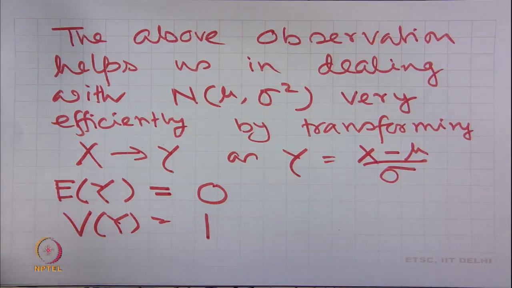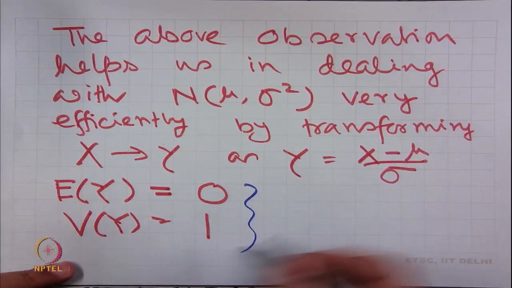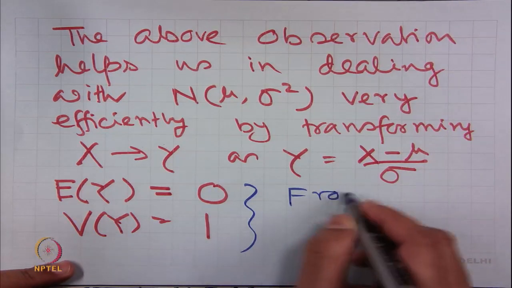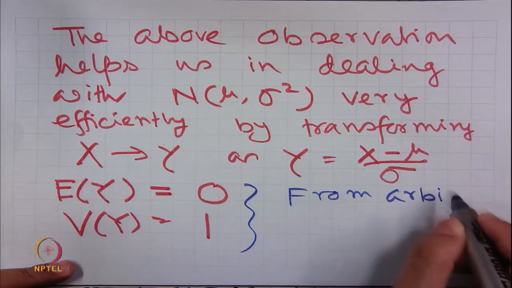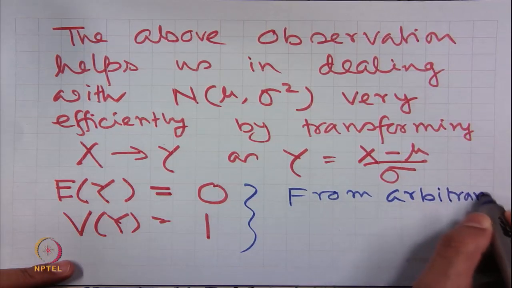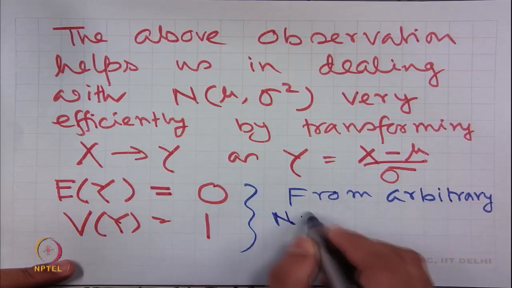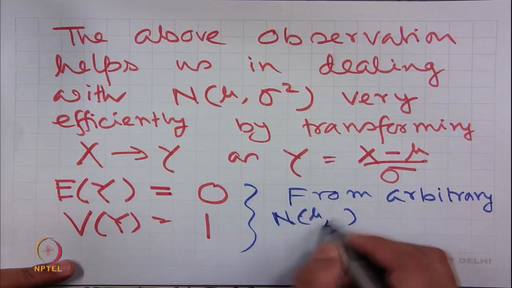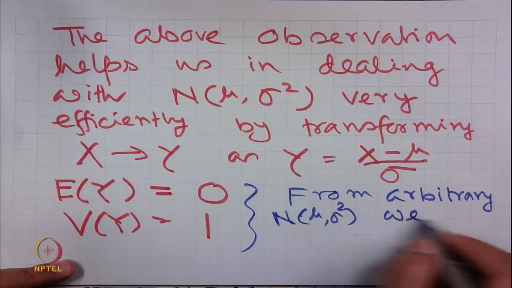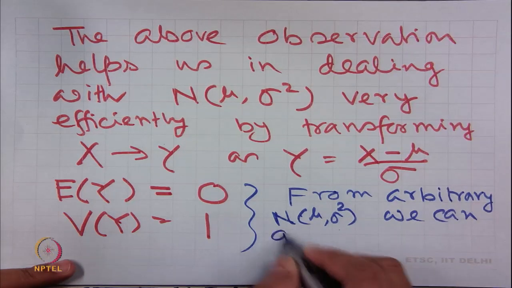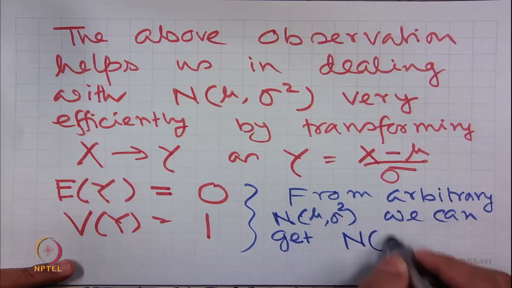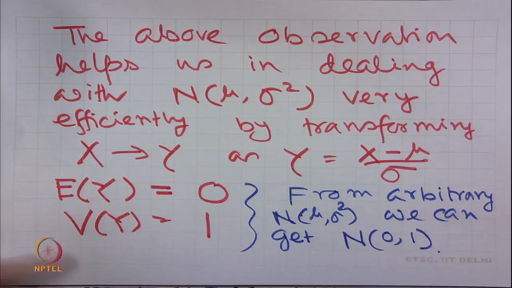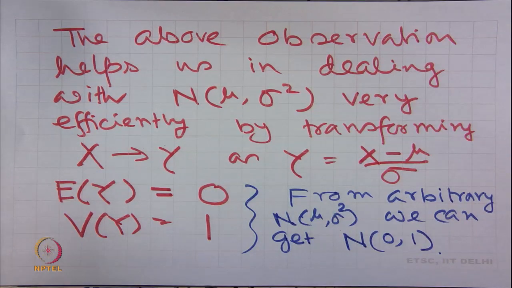Therefore, from an arbitrary normal variate with mu and sigma square, we can get the standard normal distribution by doing this linear transformation.